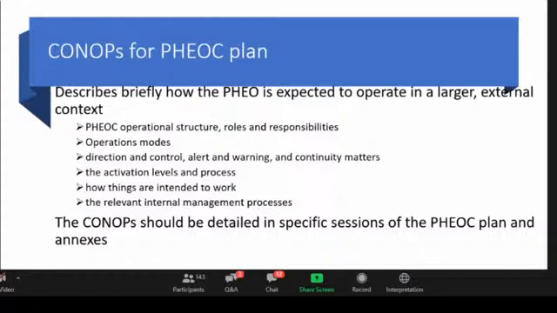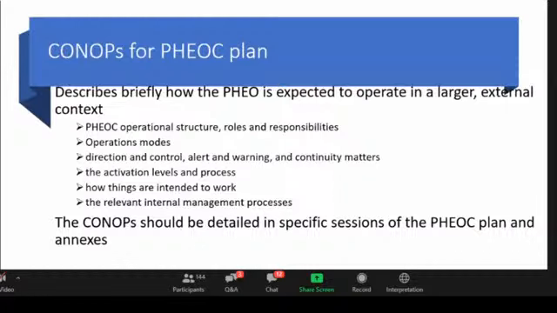So it should briefly describe the EOC operational structure, roles and responsibilities, and the operations modes. Some EOCs clearly define the major responsibilities at the watch mode, the alert mode, and the response mode.